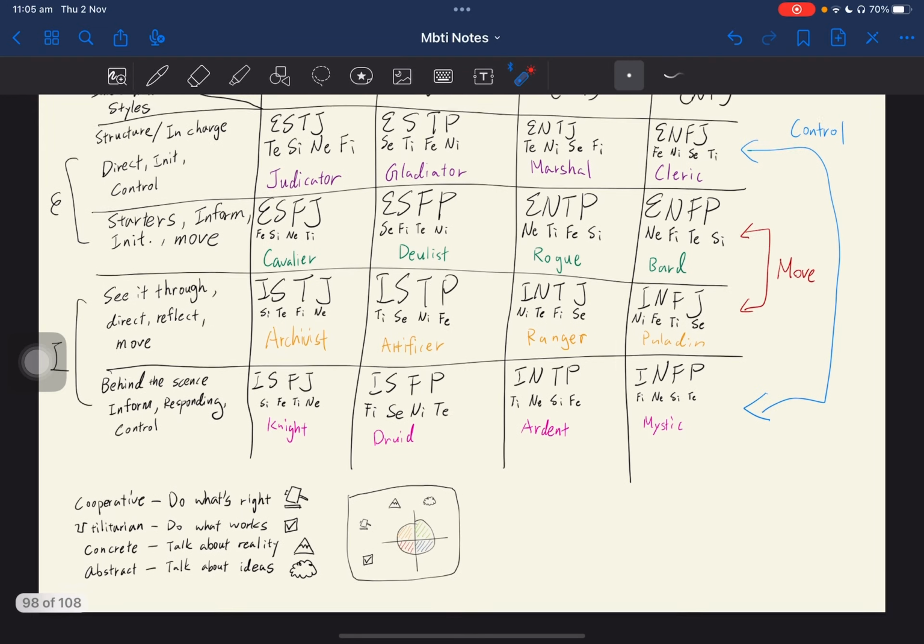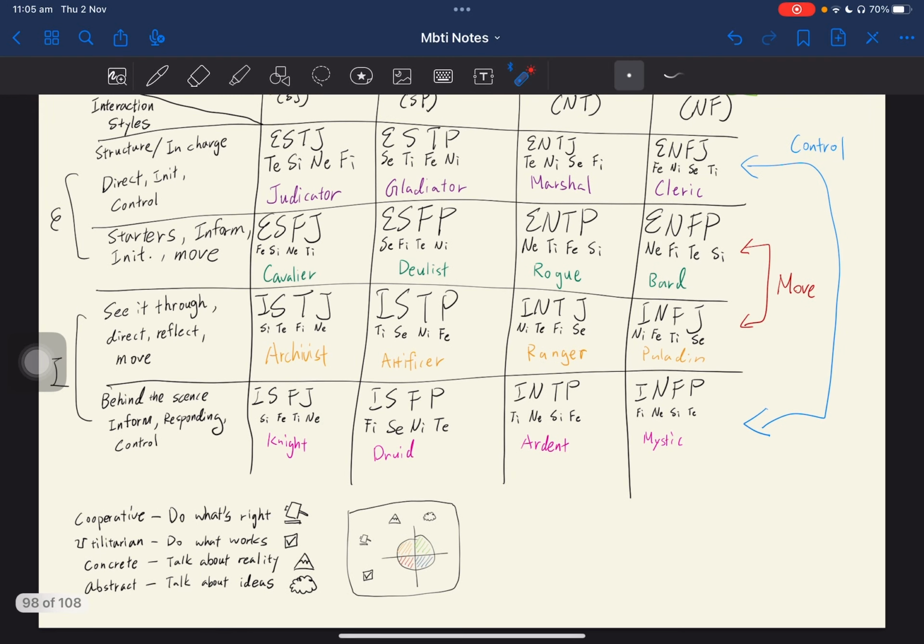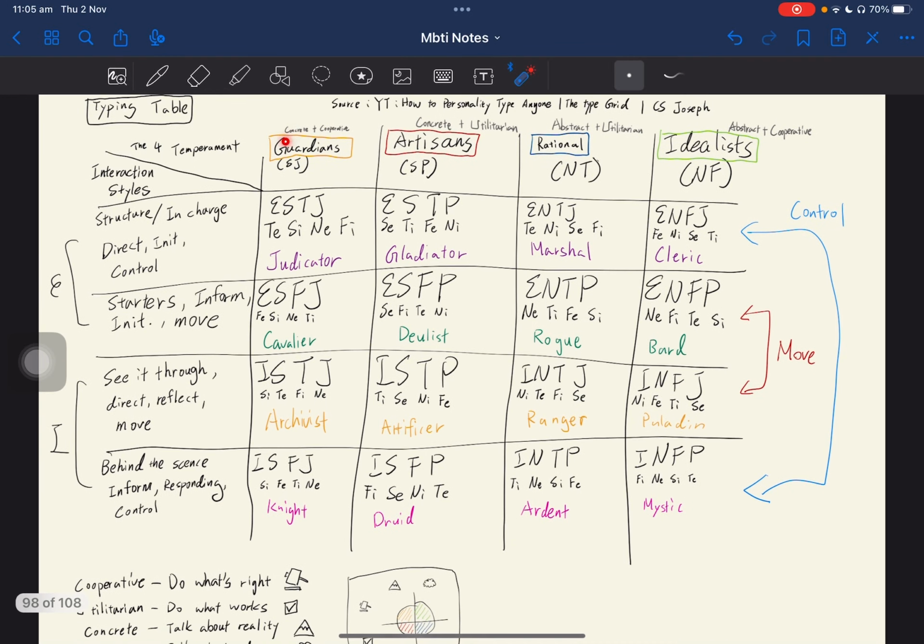So that means they are probably a guardian, and they are kind of a structure in charge kind of person. So it means that they can only be an ESTJ, for example. So this is how you use the type grid.